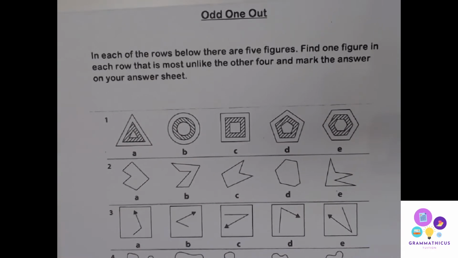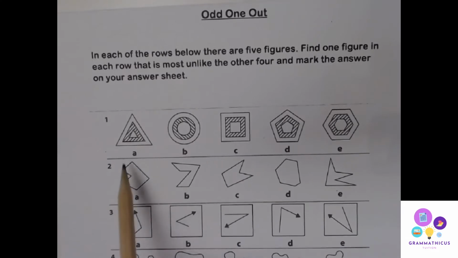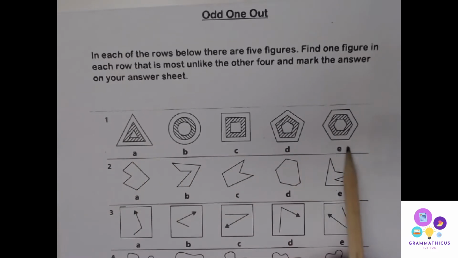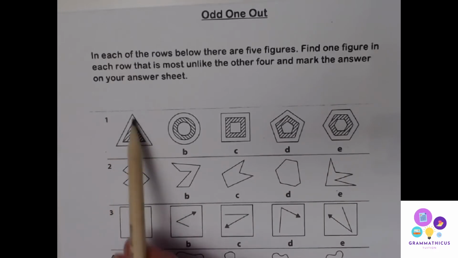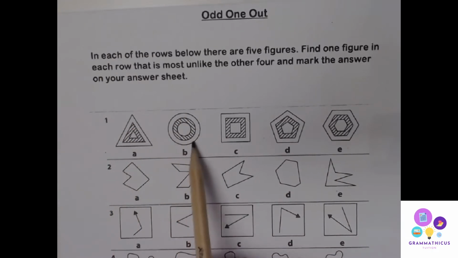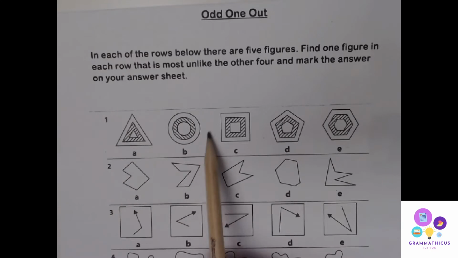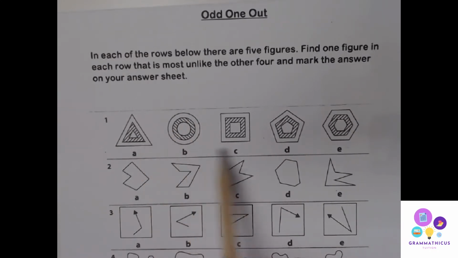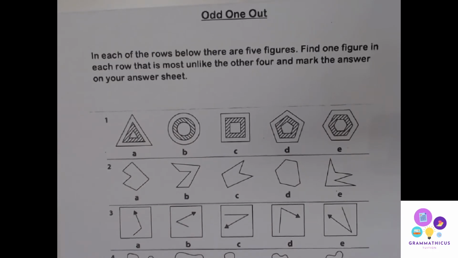If I have a little look, figure A, figure C, figure D and figure E all have straight sides and figure B doesn't. I can bear that in mind, but generally one having curved sides and one having straight sides isn't a massive reason for that to be the odd one out. Chances are there's going to be something else as well.